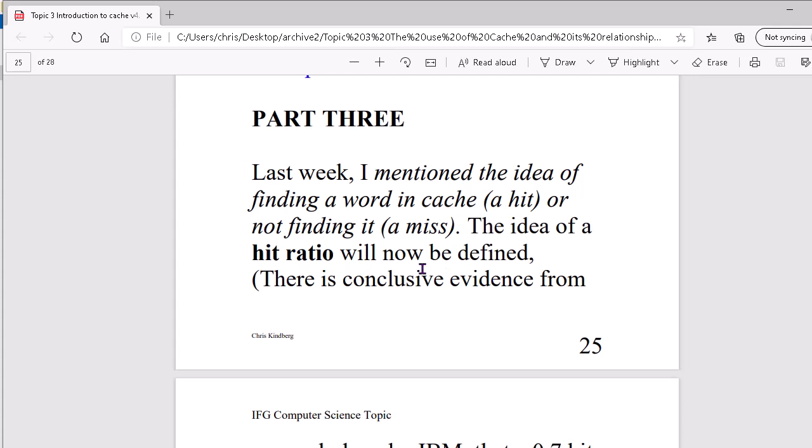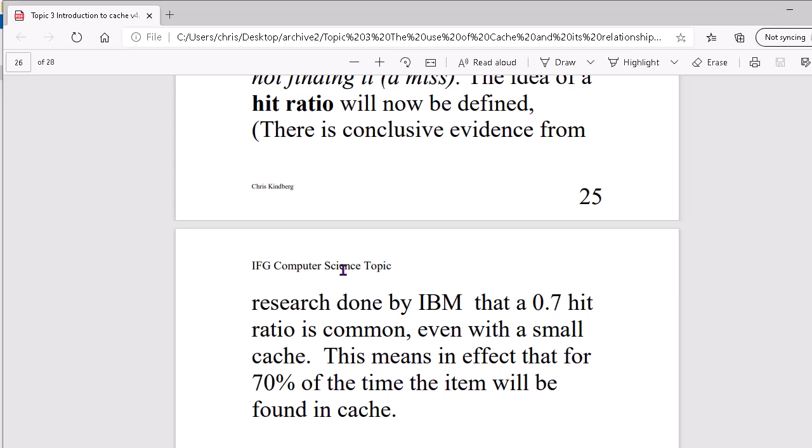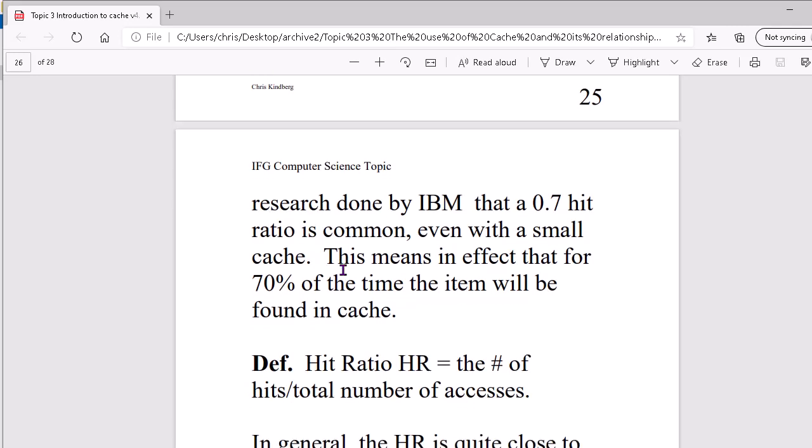The idea of a hit ratio is now going to be defined, and there's conclusive evidence from research done by IBM that a hit ratio of 0.7 is typical, even when using a small cache. And this means, in effect, that for 70% of operating time, the item that the CPU needs, i.e. a particular item of data or particular instruction, will be found in high-speed cache.